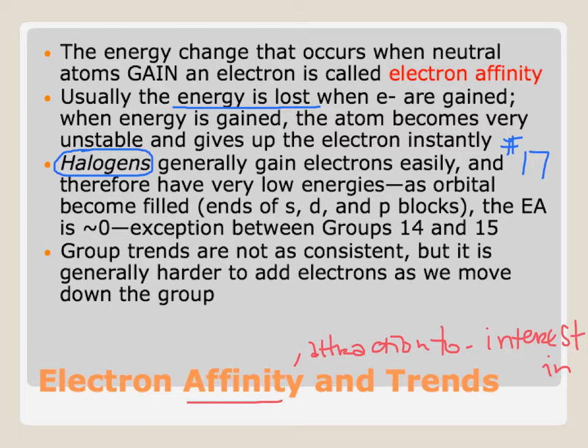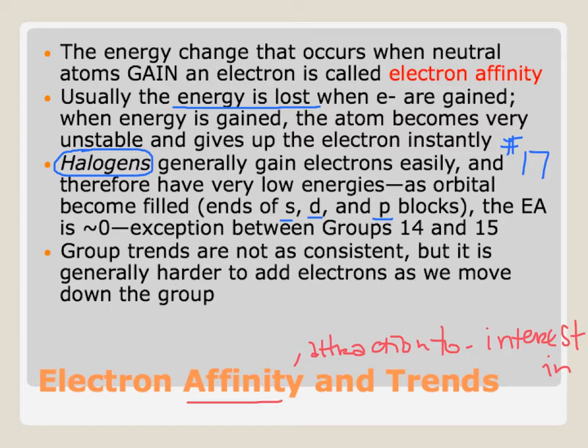Anytime we can fill up any one of these sublevels, it makes the element more stable. An element that's s2 is more stable than s1. An element that has d10 is more stable than d9. And an element that has p6, the noble gases, is much more stable than an element that has p5.